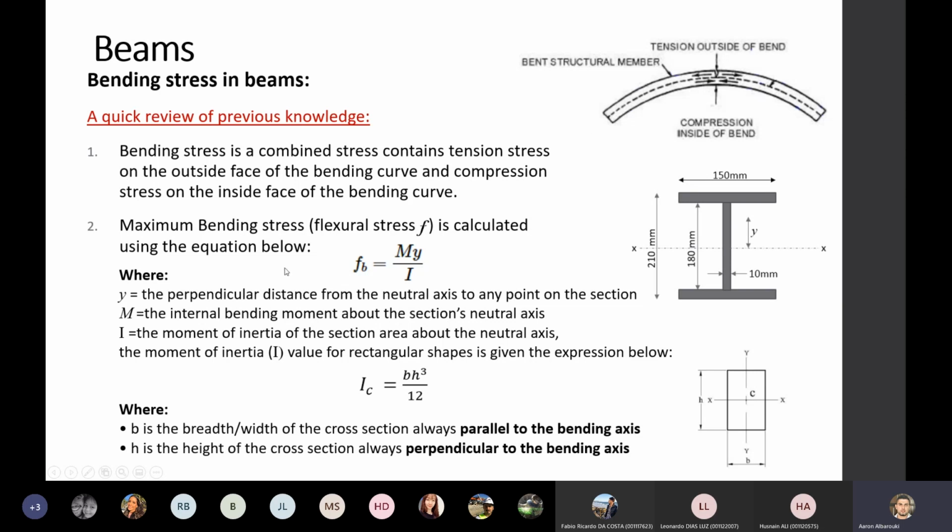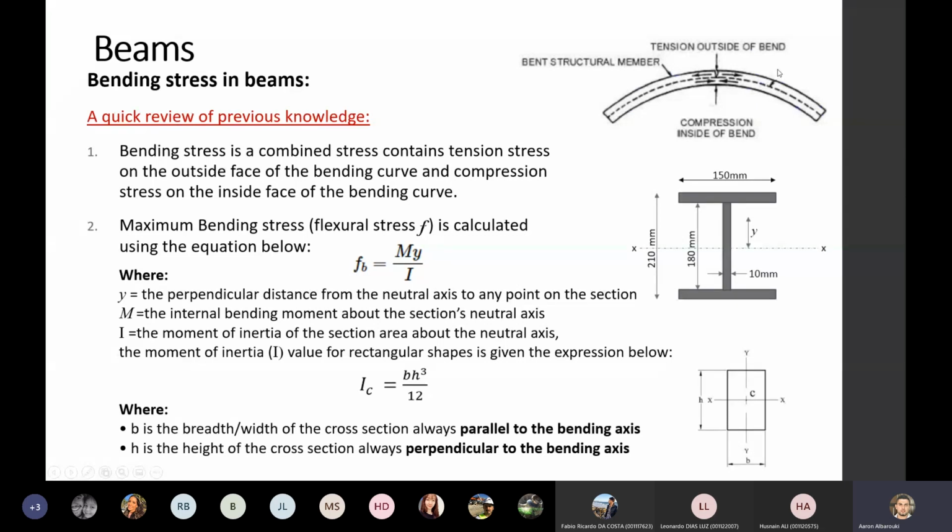And the formula for the flexural or bending stress equals M, the maximum moment, or the moment at that point. So if I'm looking for the bending stress on this area of the beam, I'll take the moment at that area of the beam.